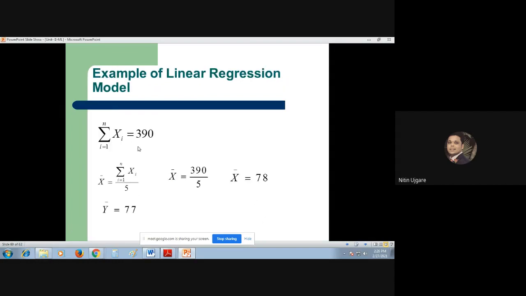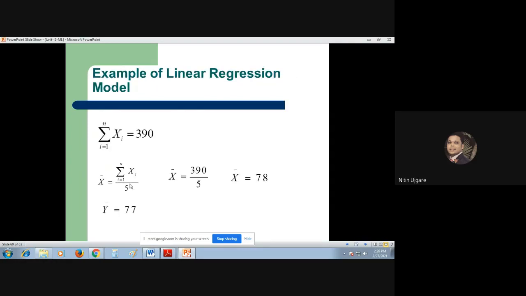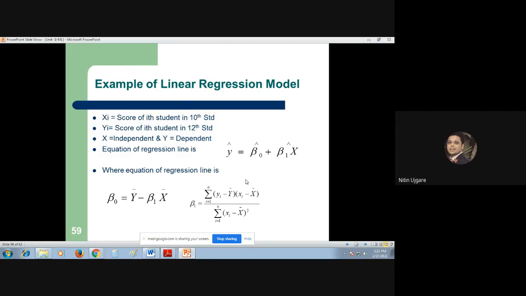First I need the summation of i equal to 1 to n of xi, that is, the summation of all the x coordinate values, and that we got is 390. Okay. Now we are going to put it into this formula.